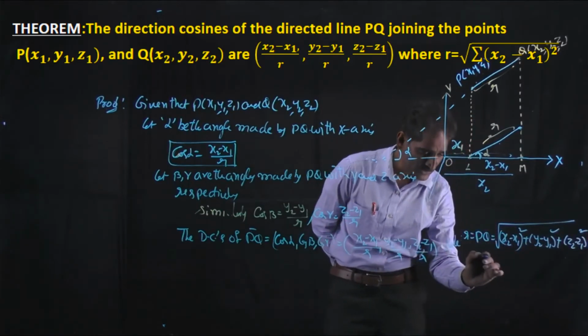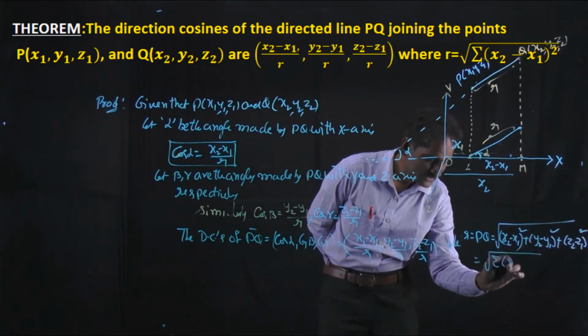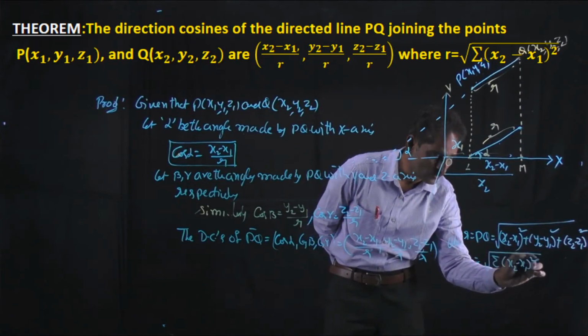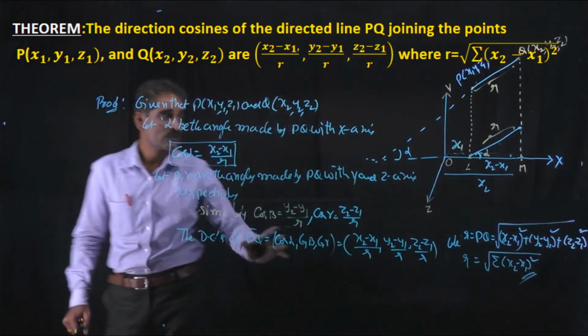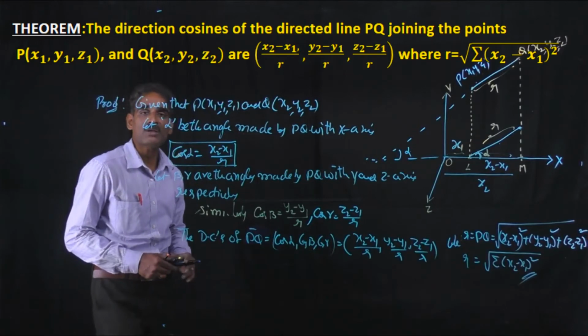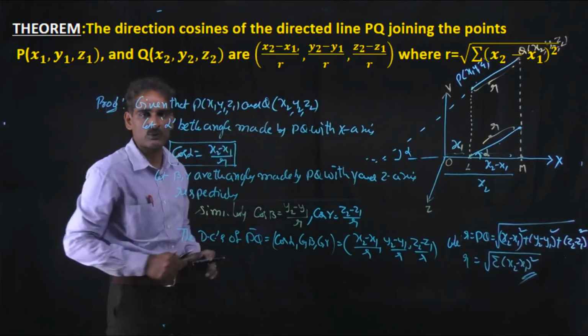So simply we can write this as root of sigma x2 minus x1 whole square. This is the formula for r. So these are the DRs of the line segment joining any two points x1, y1, z1 and x2, y2, z2.